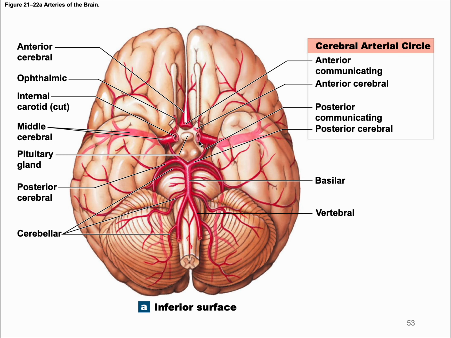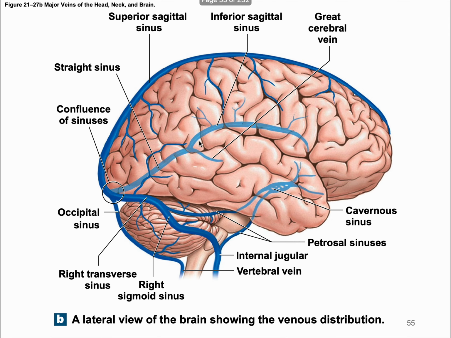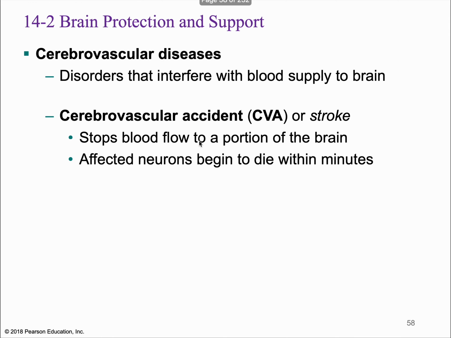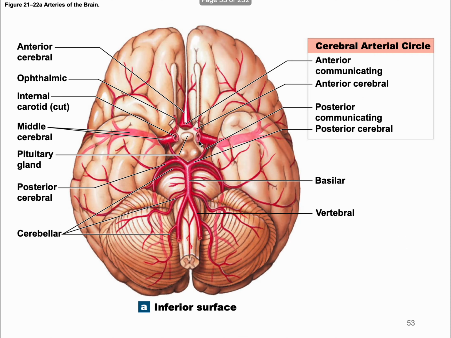Okay, and then let's go to the next slide. Okay, so now we have an artery that connects the anterior cerebral arteries together, which is called the anterior communicating artery. And we also have arteries that connect to the posterior cerebral arteries.